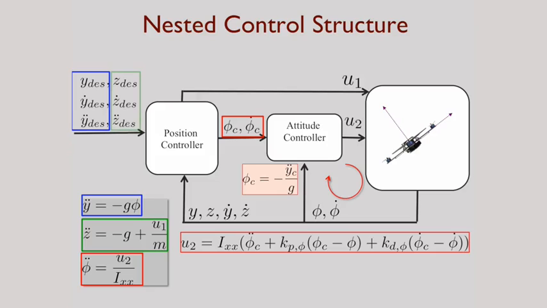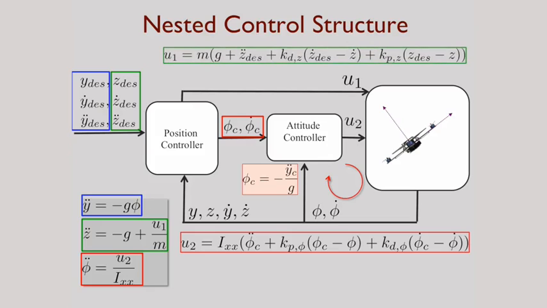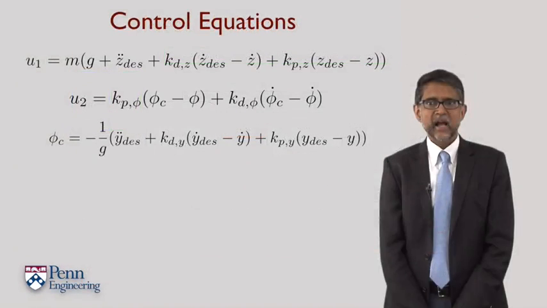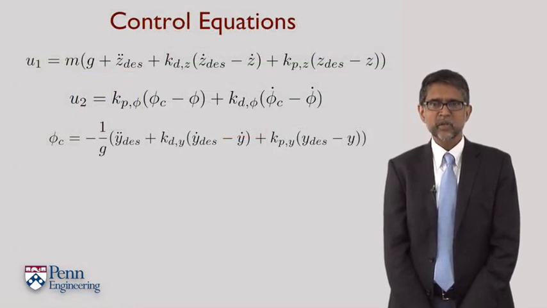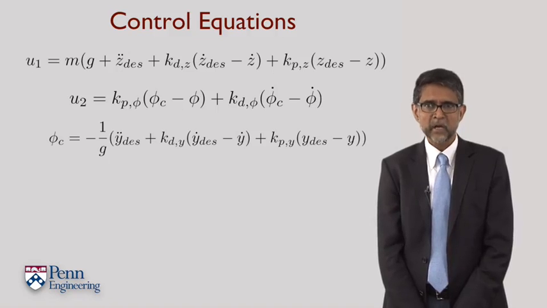I take the middle equation, I take the desired trajectory, looking specifically at the z component, and I can write u1 such that the z component tracks the desired z value. So I've now obtained two equations, one for u1 and one for u2. If I put everything together, I actually have three equations, one that tells me what phi sub c is at the bottom. From that I get u sub 2, and then I get u sub 1 from that.